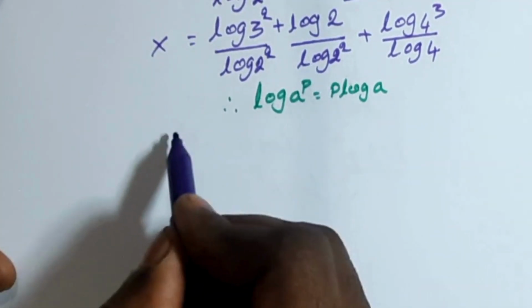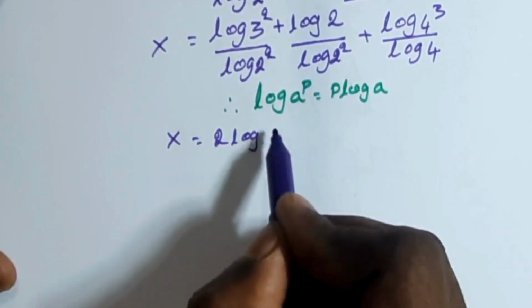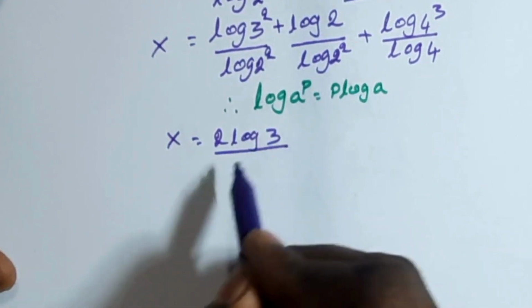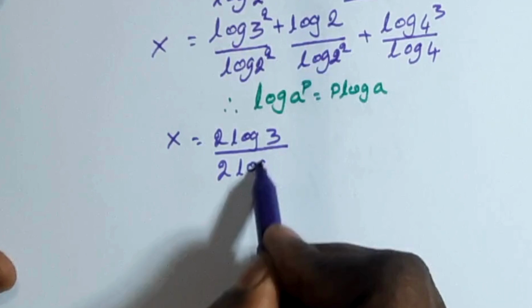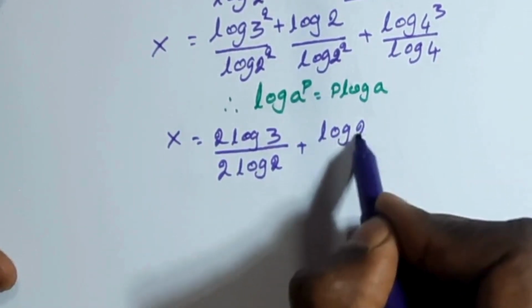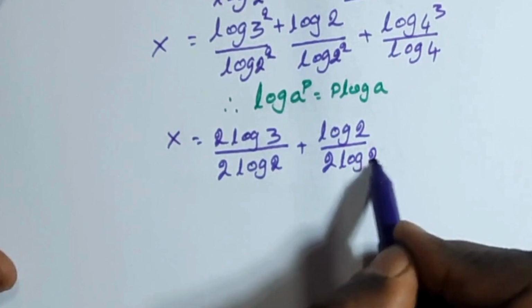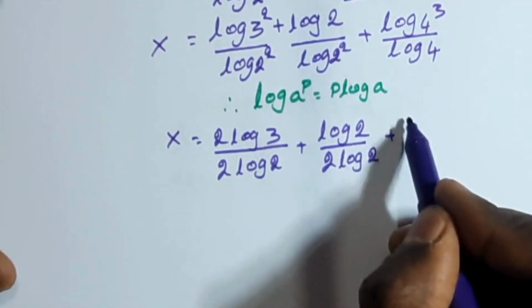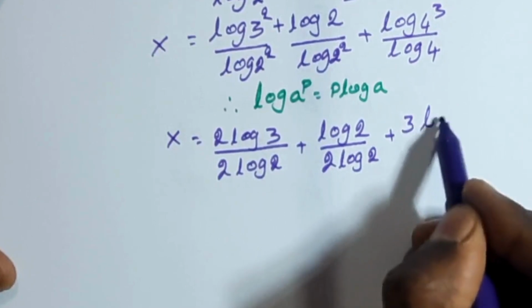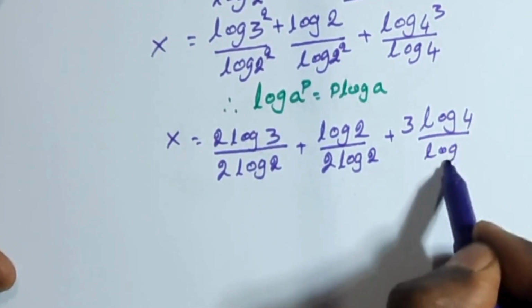X equal to 2 log 3 by 2 log 2 plus log 2 by 2 log 2 plus this one is 3 log 4 by log 4.